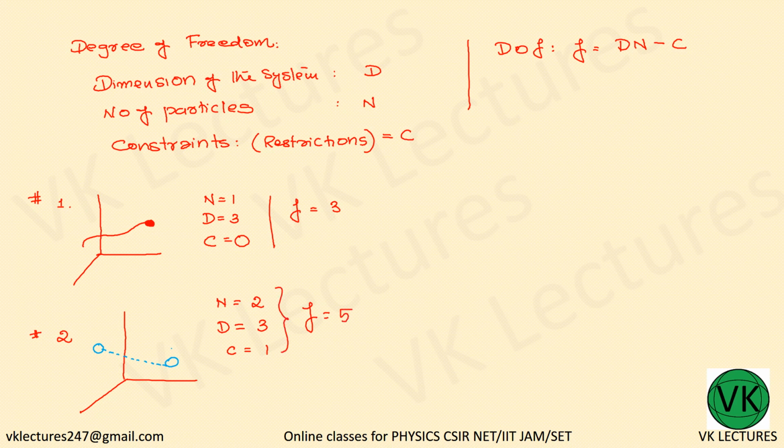There are 5 degrees of freedom. Now suppose if there is no constraint here, this will be moving in all possible directions, and this also will be moving in all directions. So there will be 6 degrees of freedom.